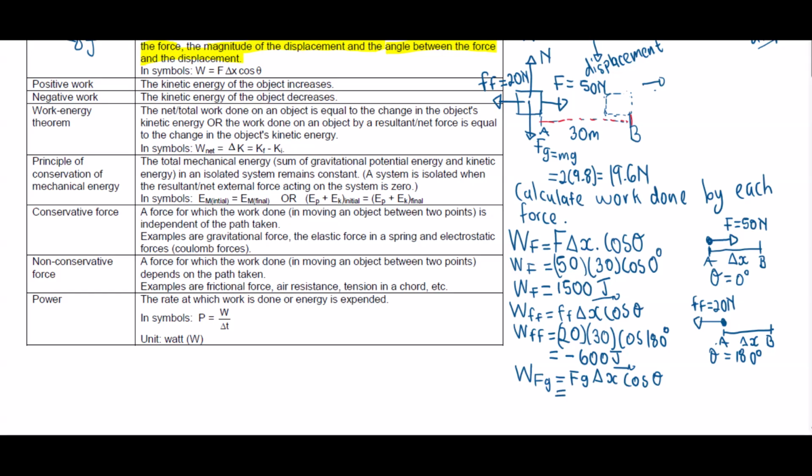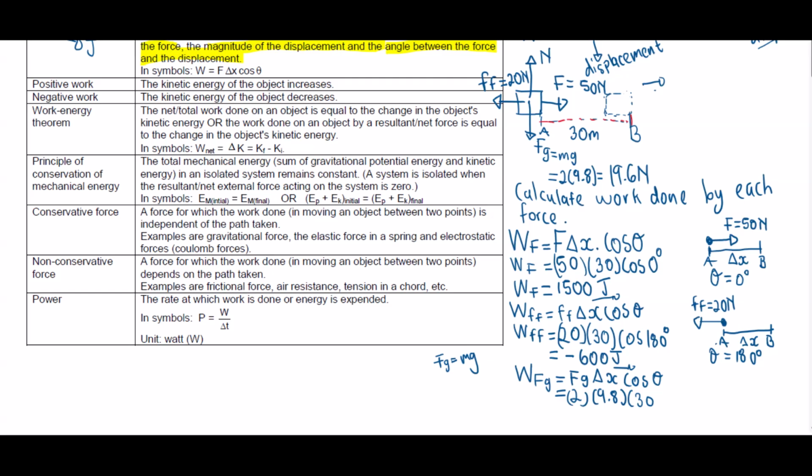Now here we are going to take the object's mass. What is the object's mass? You remember Fg is equal to mg. The object's mass is 2 kg here, and 9.8 is the g. So we have Fg there, and then delta x is going to be 30, because the object is being displaced 30 meters to the right.